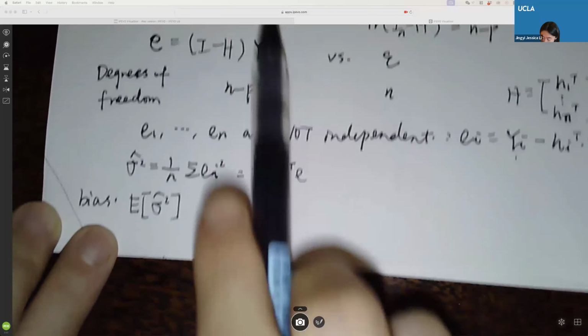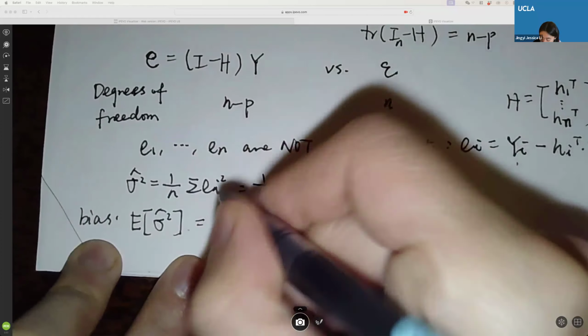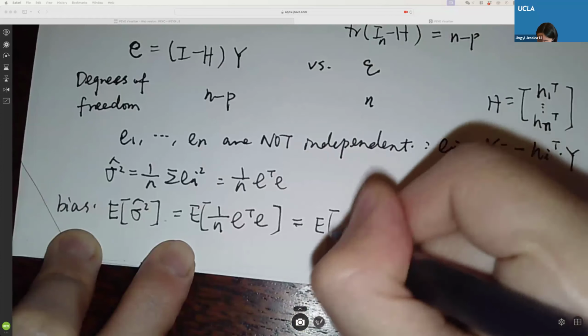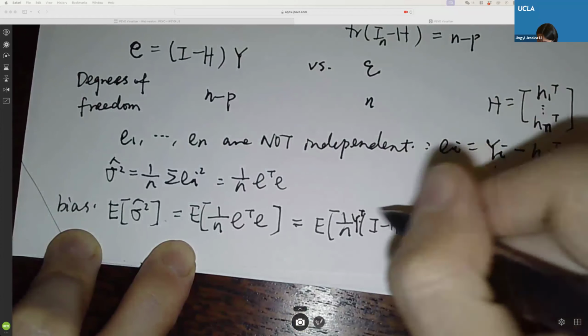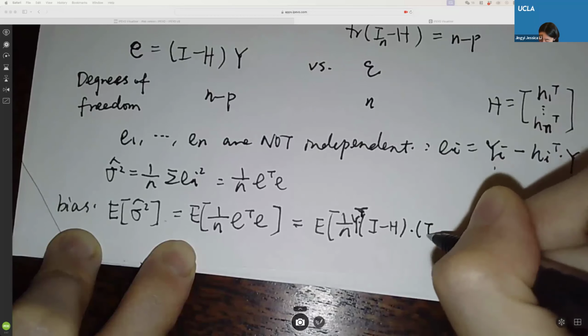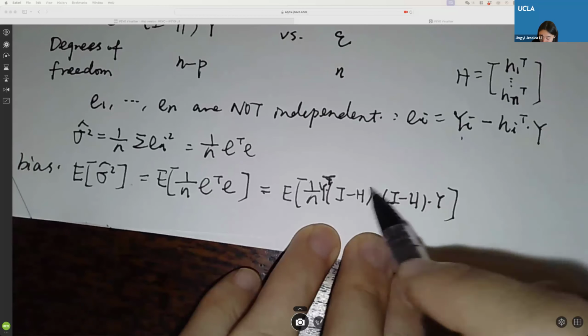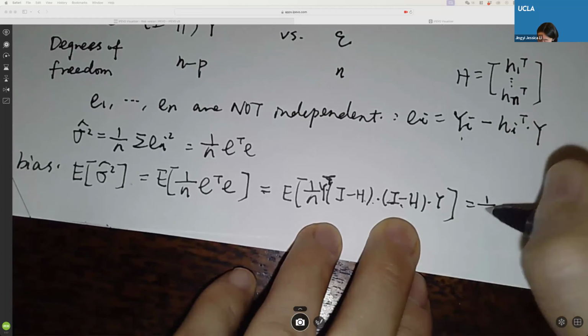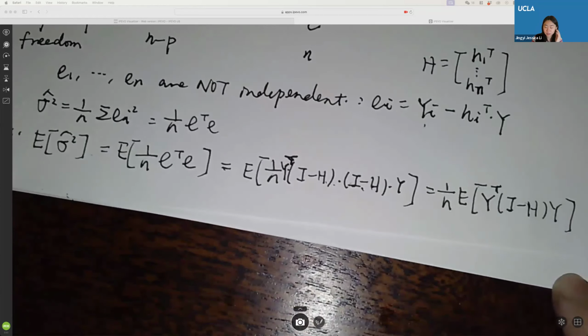If you use this e formula, (I minus H) times Y, you need a quadratic form for Y. So we have 1 over n e transpose e; plugging in, e is (I minus H) times Y, so we get Y transpose (I minus H), because it is symmetric, times (I minus H) times Y. Then the idempotent property helps, because (I minus H) times (I minus H) is still I minus H. So I'm getting 1 over n expectation of Y transpose (I minus H) Y. This is what I need to get to the bias.